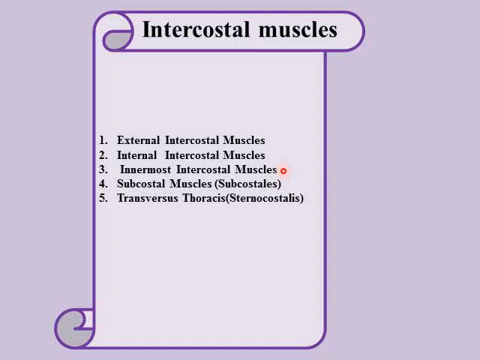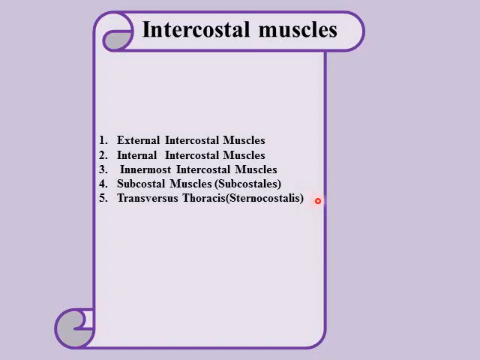It is divided. All of these 3 muscles lie in the same plane, but in different places. The innermost lies in the lateral side of the thoracic wall. Subcostales lies near the posterior end of the thoracic wall on the plane of the third layer of muscles.